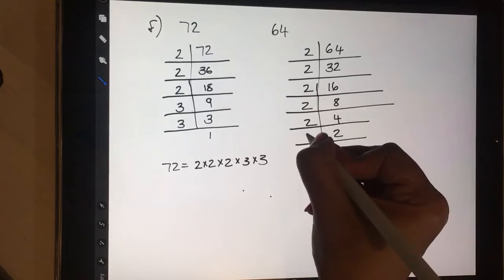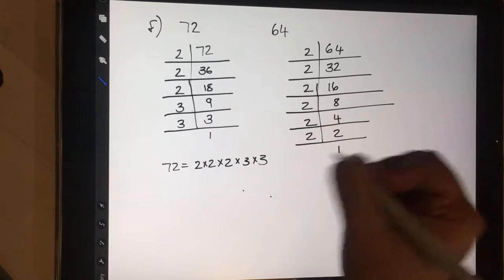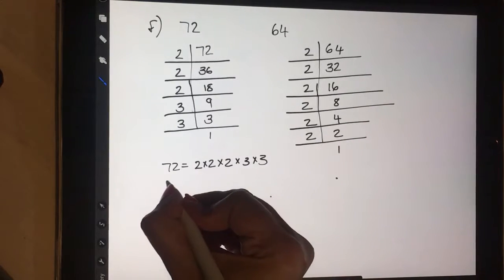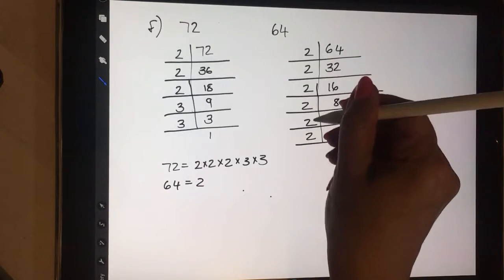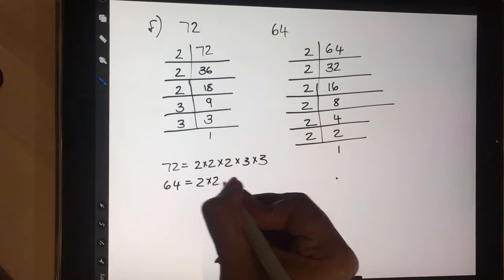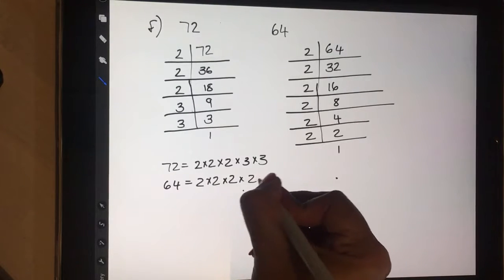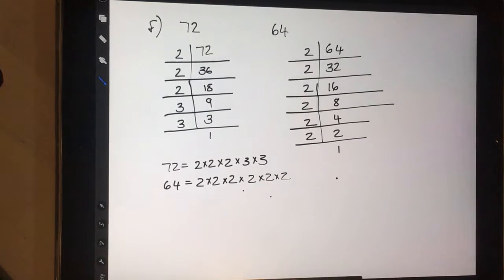And finally, 2 divided by 2 will give you 1. Now we know we're finished. So for the number 64, you've got 1, 2, 3, 4, 5, 6 2's.